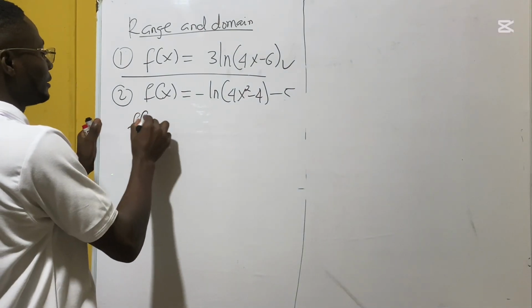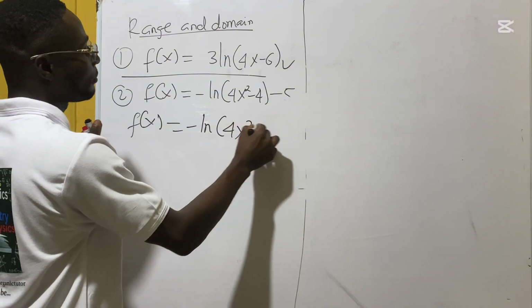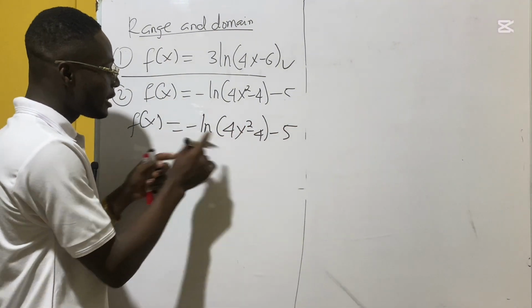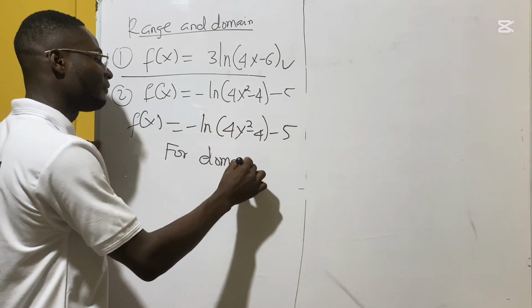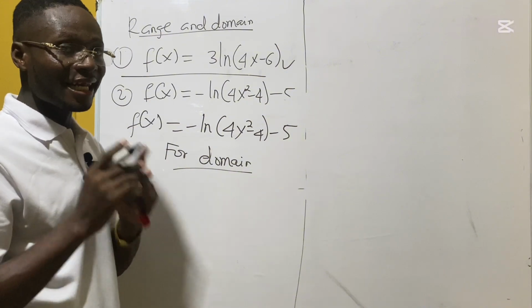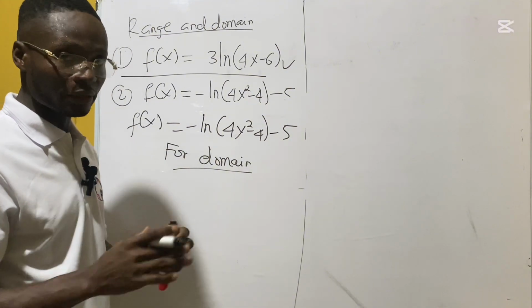Now the second function: f of x equals negative ln of 4x squared minus 4, minus 5. For the domain, as usual, we know that ln doesn't take any number less than or equal to 0, so it should be greater than 0.